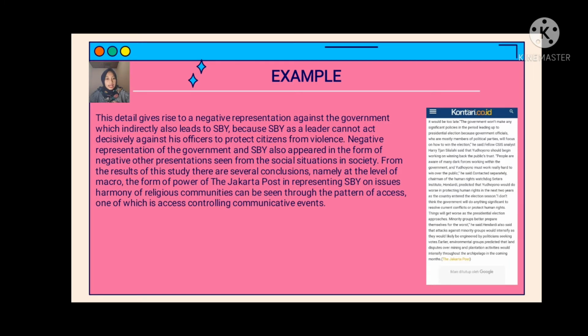So here we can see the example of SBA representation in this context. Alright, that's for Van Dijk, and then let's move to the next.